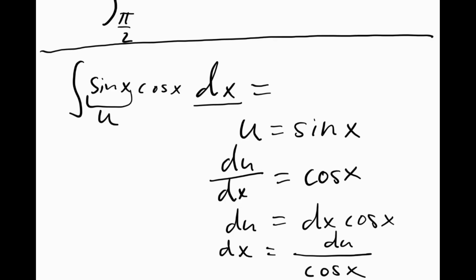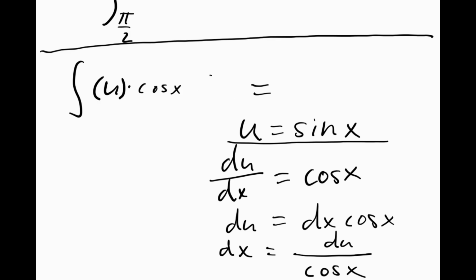So I can replace in the original integral dx by this and sine x by this. So this becomes u, and this becomes du over cosine x.